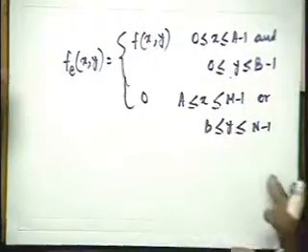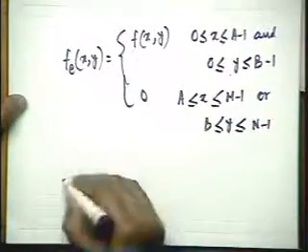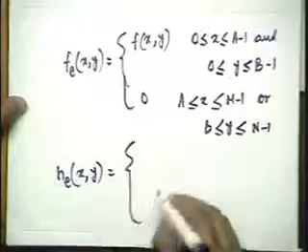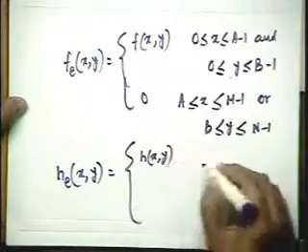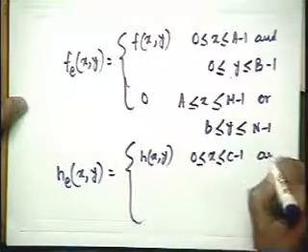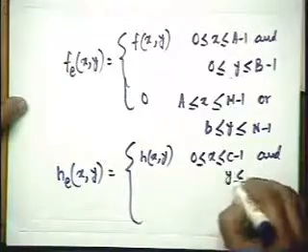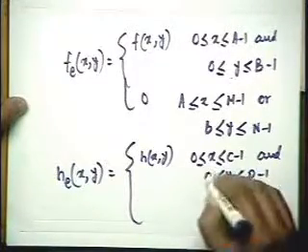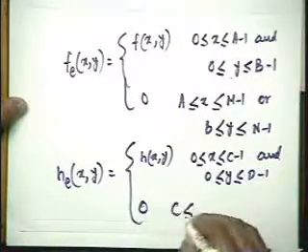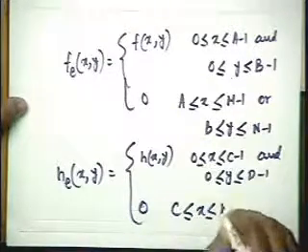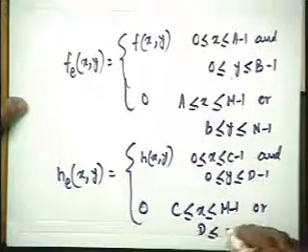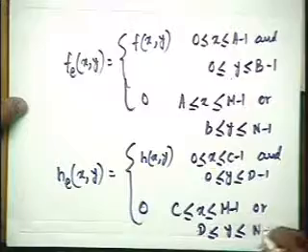The definitions of fe(x,y) and he(x,y) are: fe(x,y) is equal to f(x,y) for x lying between 0 and A minus 1 and y lying between 0 and B minus 1, and it is equal to 0 when x lies between A and M minus 1, or when y lies between B and N minus 1. Very similarly, he(x,y) can be written as h(x,y) for x lying between 0 and capital C minus 1 and y lying between 0 and capital D minus 1, and it is 0 for x lying between capital C and M minus 1, or y lying between capital D and N minus 1.